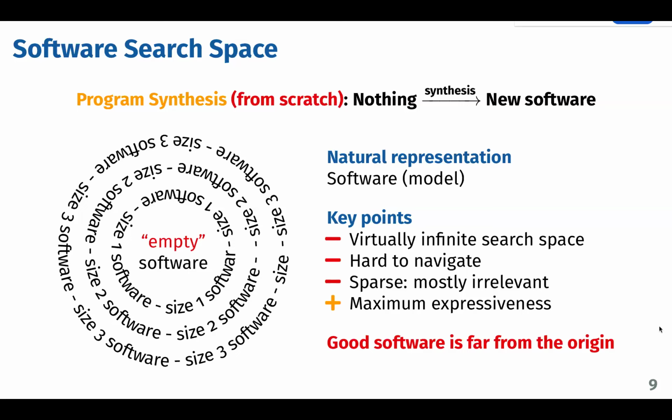But it's kind of hard because, as I said, the search space includes everything, and you don't want everything. You want one software which is very good for your use case. It is hard to navigate because the relation between syntax and semantics is not that clear. You know what you want, you don't fully know how to write it. The space is sparse. There is a lot of software and very little that does the one thing you want. But the good thing is it's very expressive.